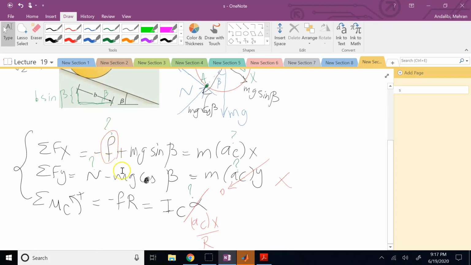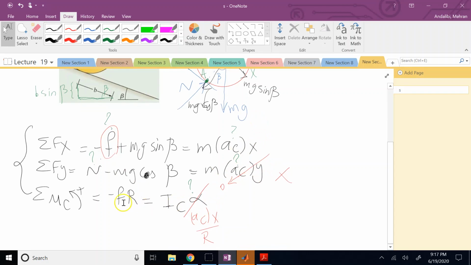If there is no formula, you have to find it from these formulas. Clearly you see, for example, F is IC alpha divided by R. So this static friction is calculated from dynamics or statics equations. It is not equal to mu s times N or mu k times N.